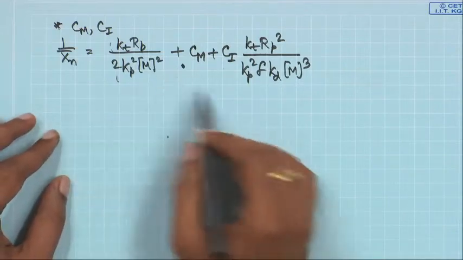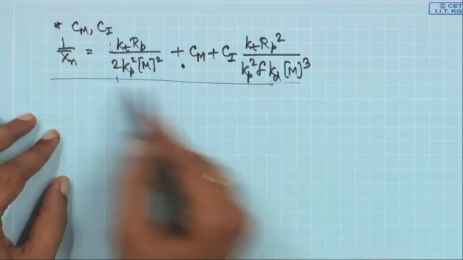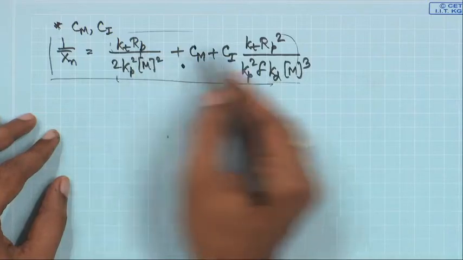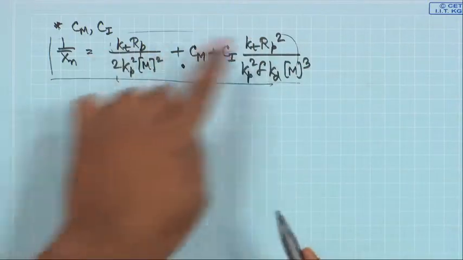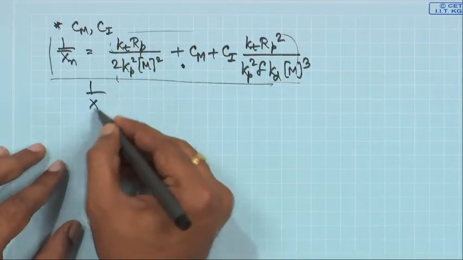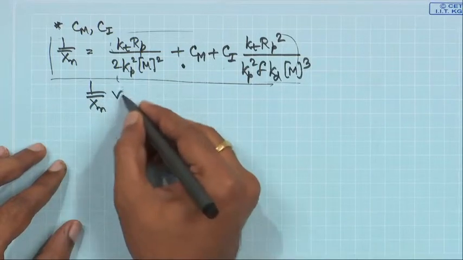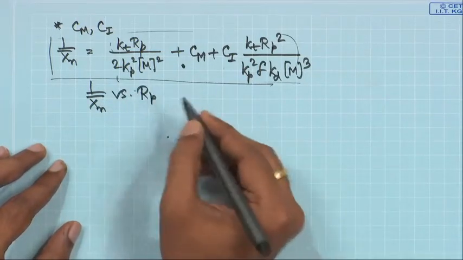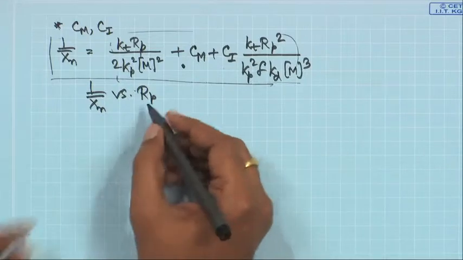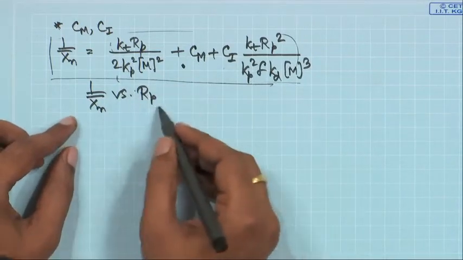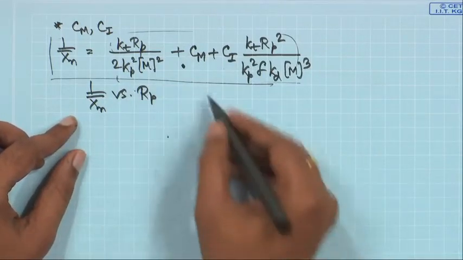So, this particular expression is quadratic in Rp. What you do is you plot this 1 divided by xn versus Rp. Now, if you are plotting 1 divided by xn versus Rp, what you will get?